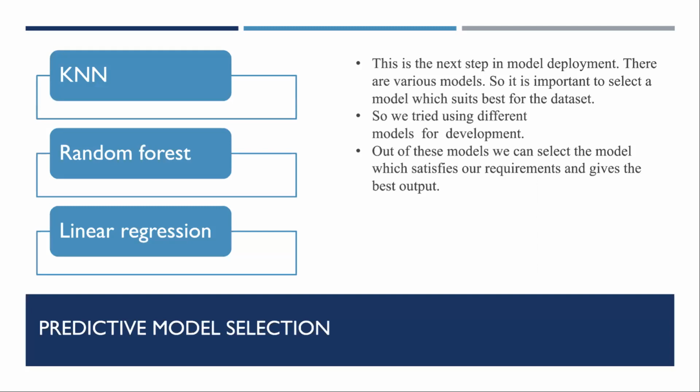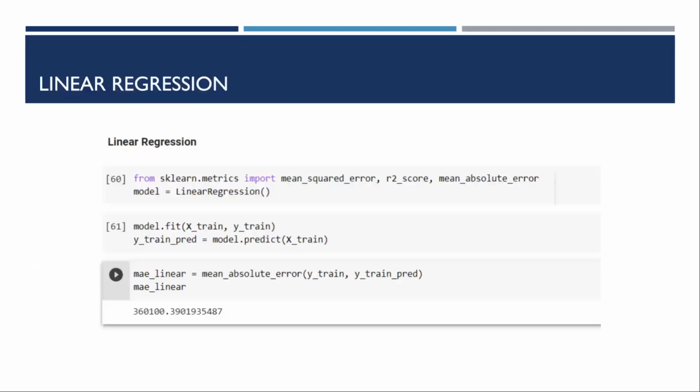So the models we selected are as follows: KNN, random forest, and linear regression. All three models have given good values for the given data set, but we have chosen the best among them. Here we have mainly concentrated on mean absolute error.